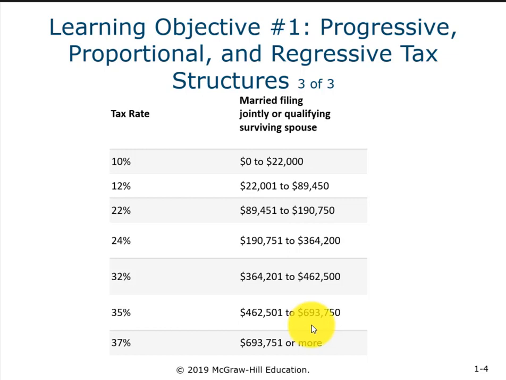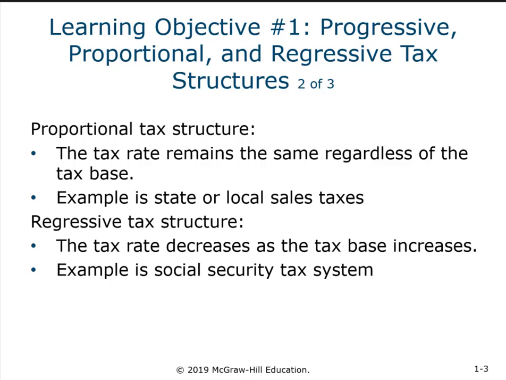Okay, so that's what we mean by tax rate and the tax rate table and tax brackets, if you will. Now, our rates go up. If the tax rate is the same no matter how much the income, then it would be what's considered a proportional tax structure.